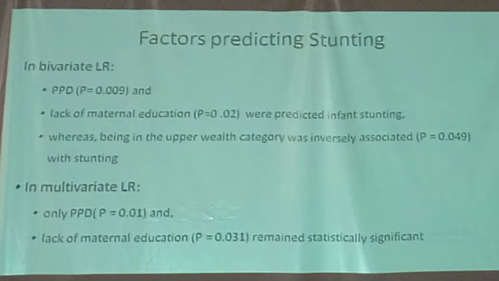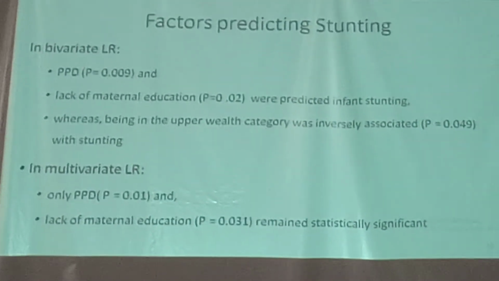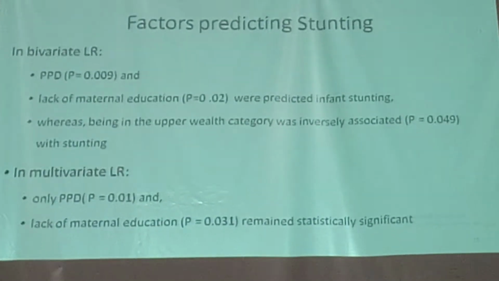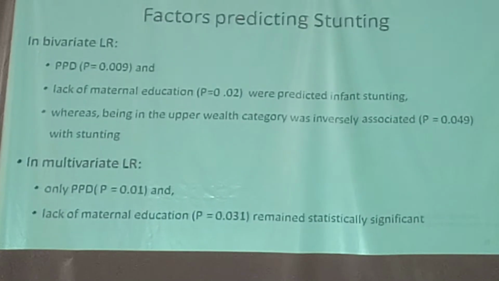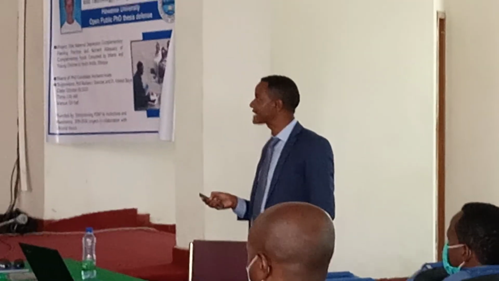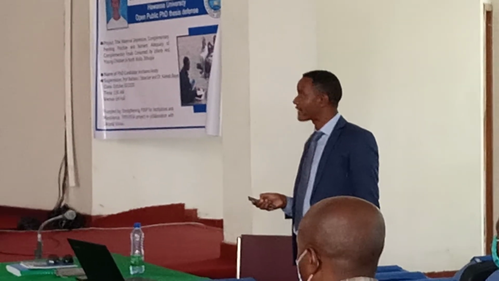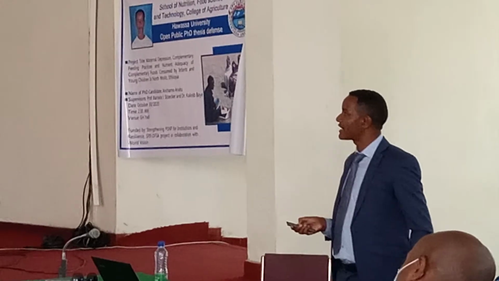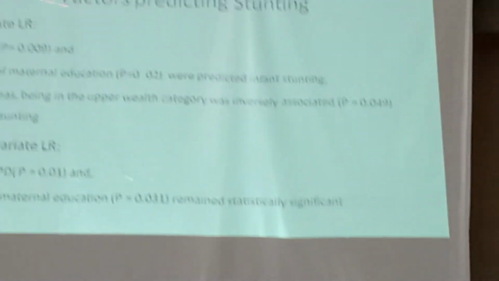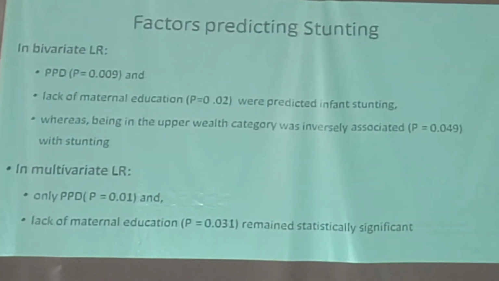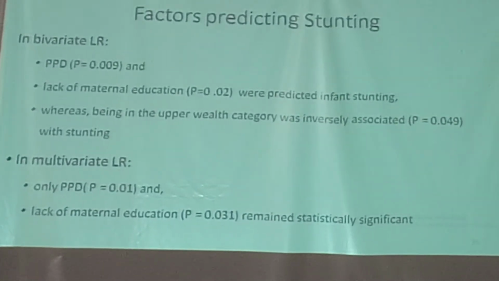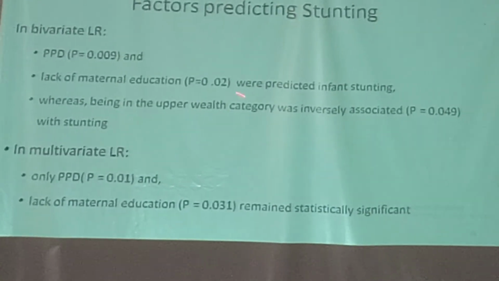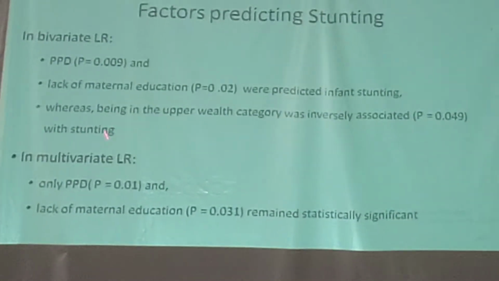When we come to the findings of our study, I am going to present the major findings because of the limitations of time. From paper 1, regarding factors predicting stunting of infants, in bivariate logistic regression, postpartum depression and lack of maternal education predicted infant stunting, whereas being in the upper wealth category was inversely associated with stunting.